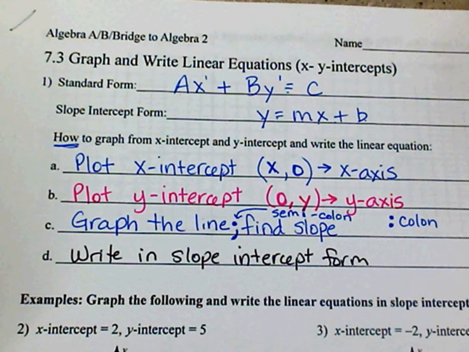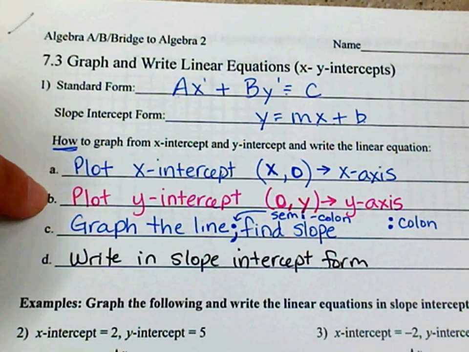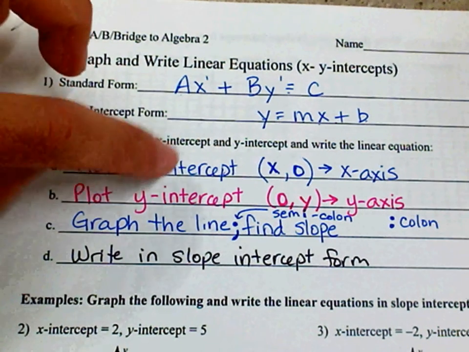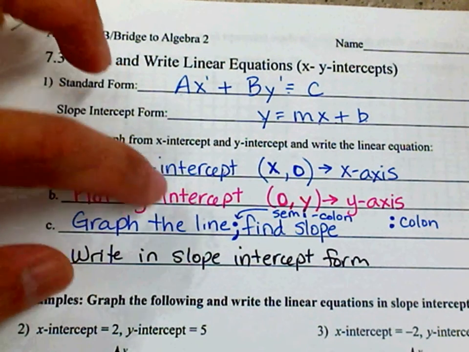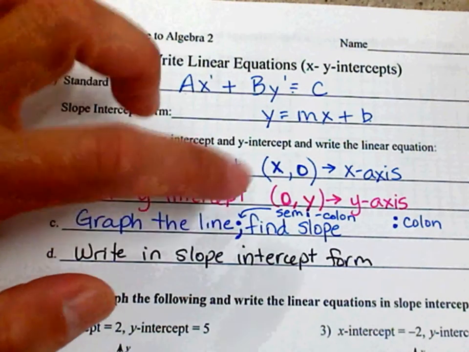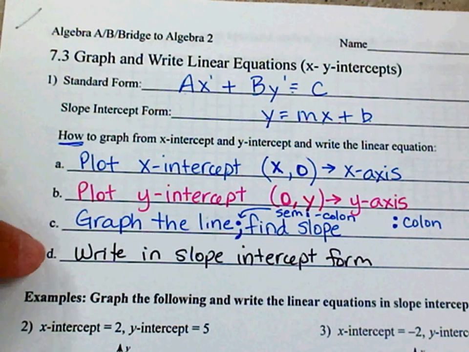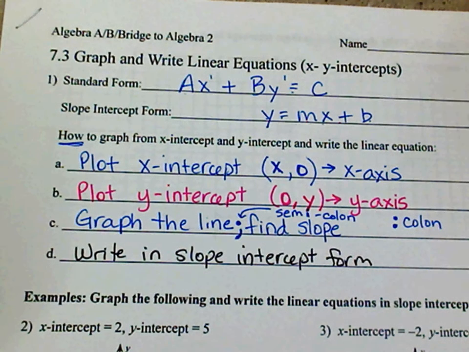So A, plot the x-intercept on the x-axis. B, plot the y-intercept on the y-axis. C, graph the line and find the slope. Brian's going to put away his phone. D, write in slope-intercept form, because when I'm done, then you can do that. I'm almost done. You guys good?